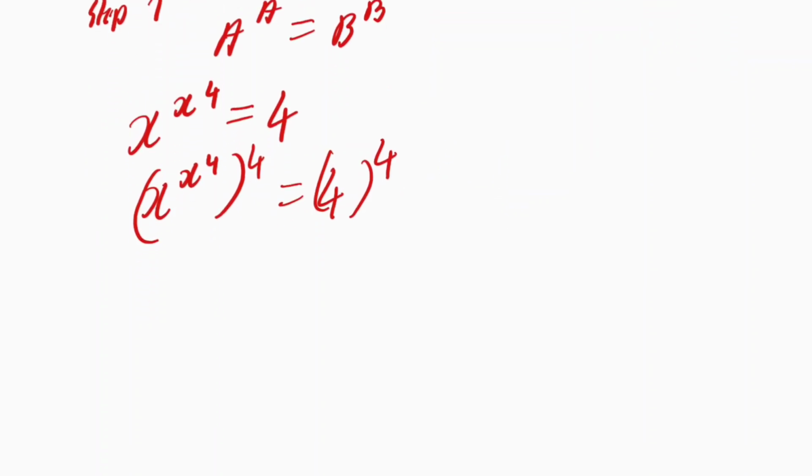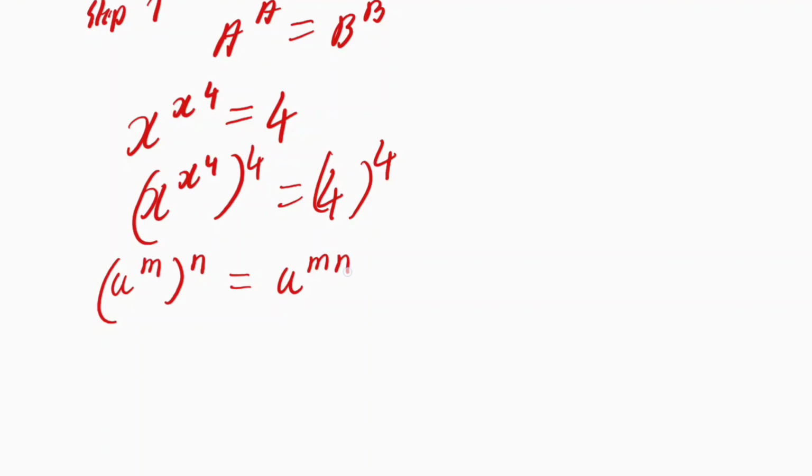From here we're going to apply the power rule, which says a to the power m, all to the power n, is equal to a to the power mn, and is still equal to a to the power n, all to the power m.